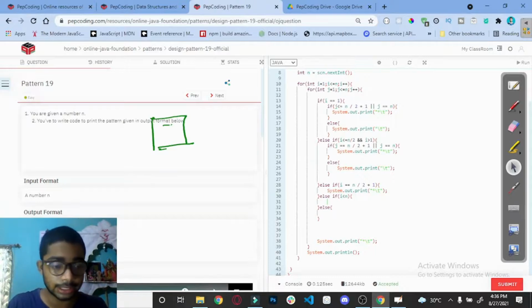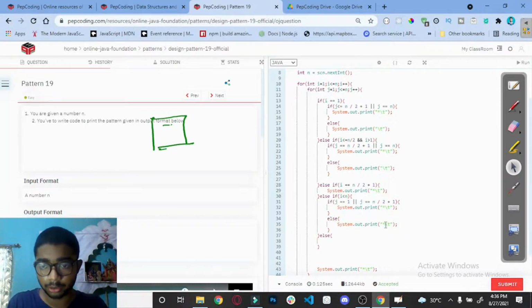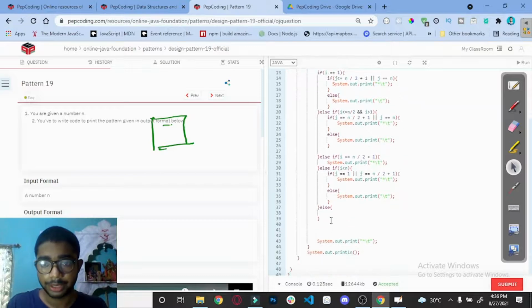In the next line, if j is equal to 1 or j is equal to n divided by 2 plus 1, then we are going to print the stars, else the spaces. Now come to the last part.